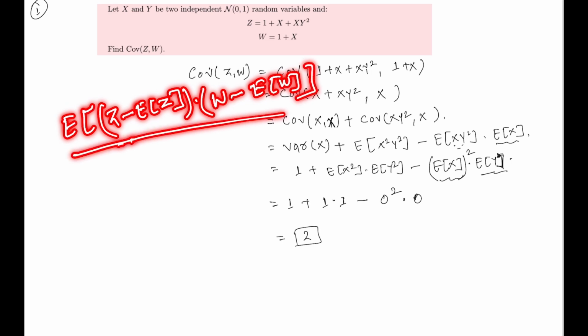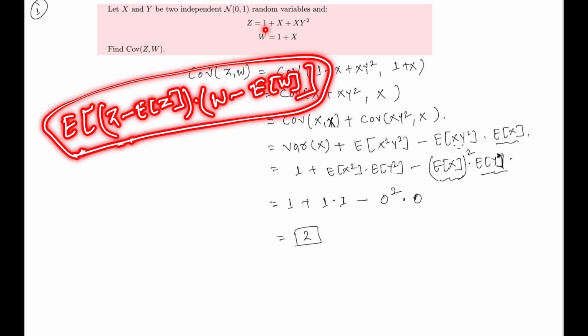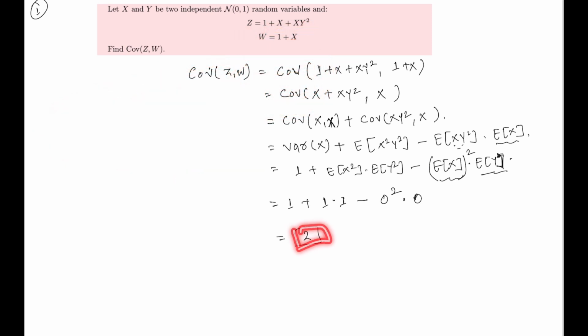So again, you have to put z here, find the mean of z, put w here, and find the mean of w, and do some algebraic manipulation, and ultimately you will reach the same result. But it is easier to directly use the property, so that you have less calculation.